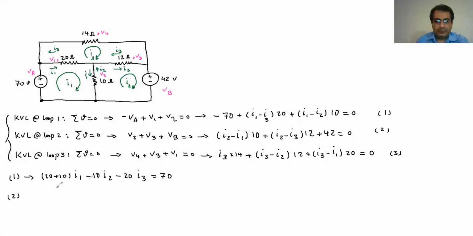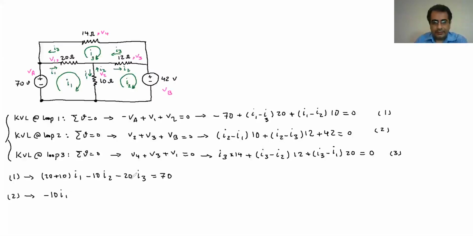So the second equation, go to the second equation. Again, I write all the coefficients for the I1 first. So I have only one term, so the negative 10 I1. Then I write all the ones for the I2.